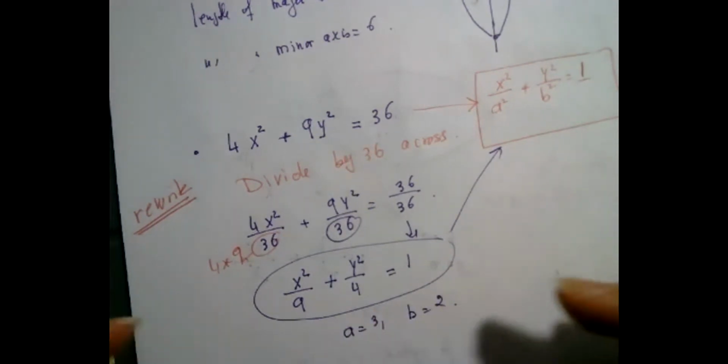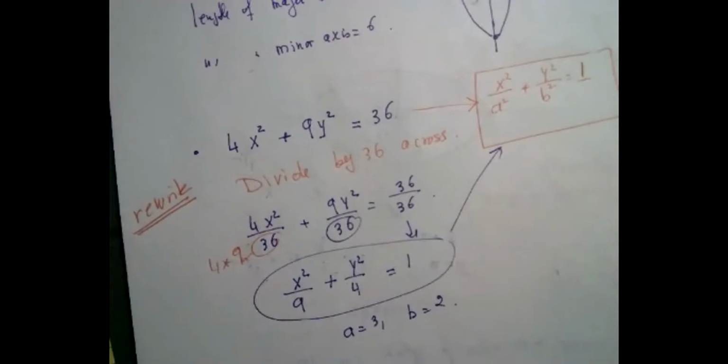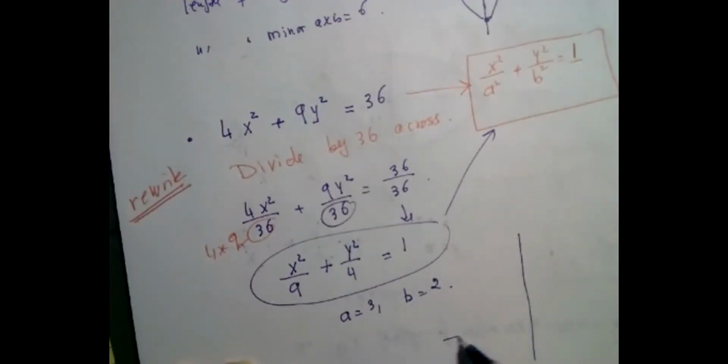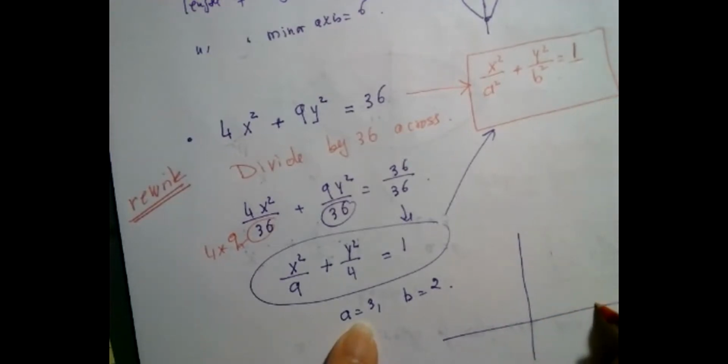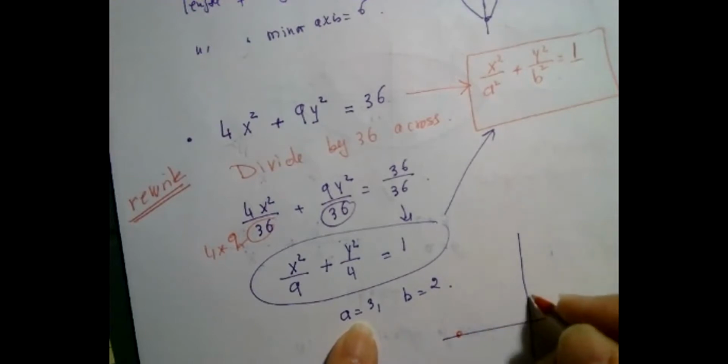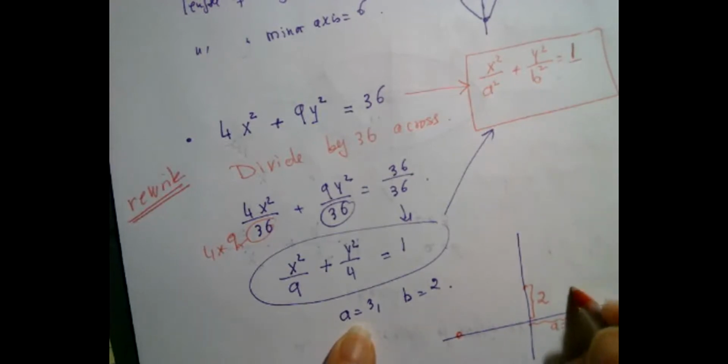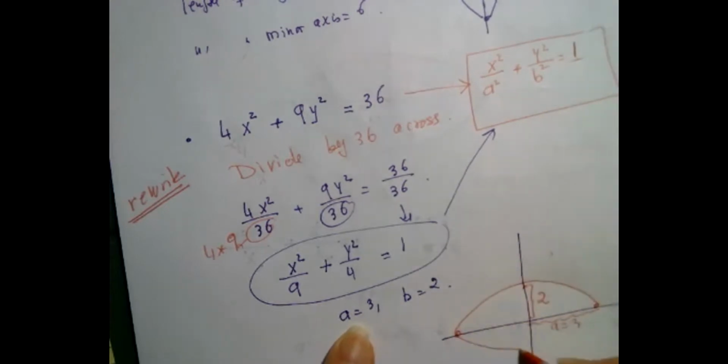That means a is larger than b, so it's going to be elongated horizontally, and now I sketch it to give meaning to that. So a means this is 3, and this is -3, and this is my 2. That's the b, and that's the a. So this would represent this ellipse.